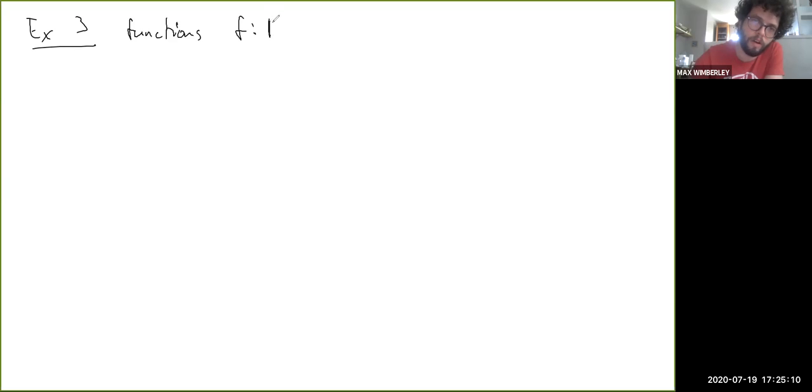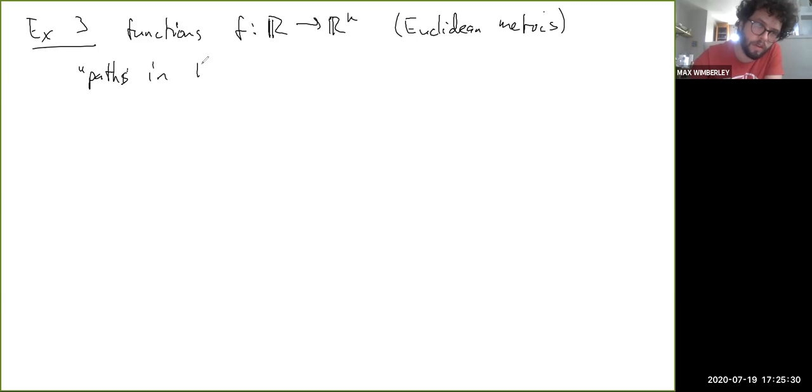Or as another example, which we'll look at a little bit more actually, functions f from R to say R^k, with again Euclidean metrics. These are called paths in R^k.